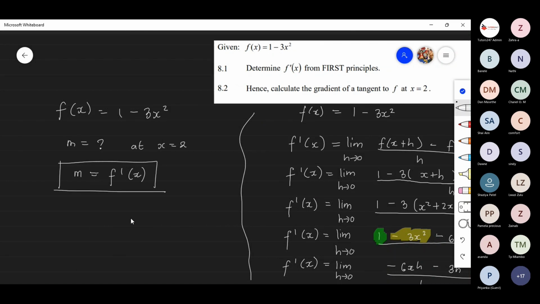And we know that the derivative of that function was negative 6x. So we now know that m equals negative 6x, whereby x equals 2. So all we do is substitute 2, and our gradient of graph f at x equals 2 is therefore negative 12.